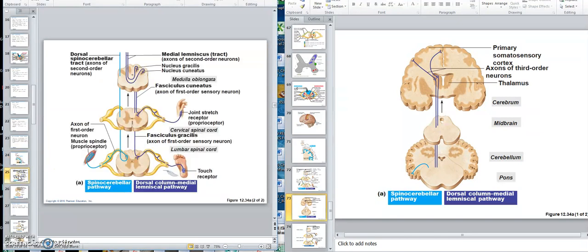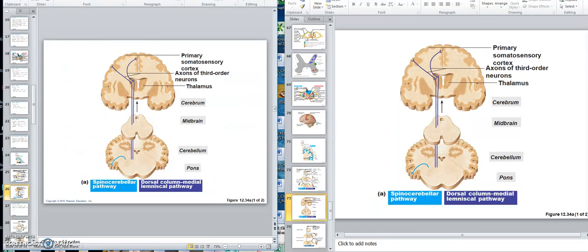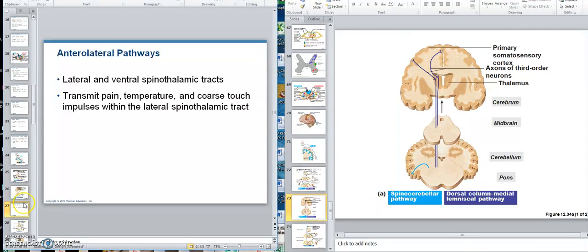See what we got here. Same thing here. Touch receptor coming in. Spinocerebellar here. Cerebellum has to do with balance and other things. Just showing you, you don't have to get real detailed on all of these tracts. So anterior lateral and ventral spinothalamic tract transmit pain and temperature, coarse touch.